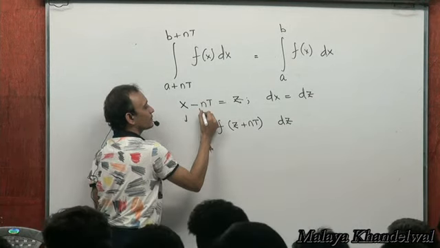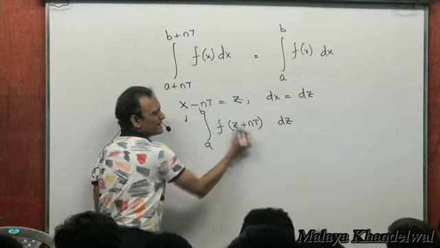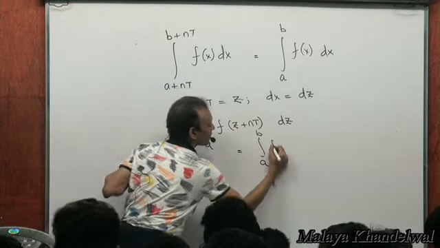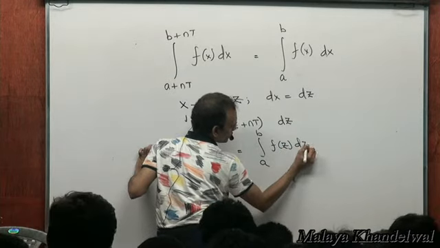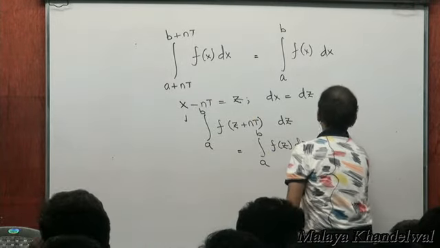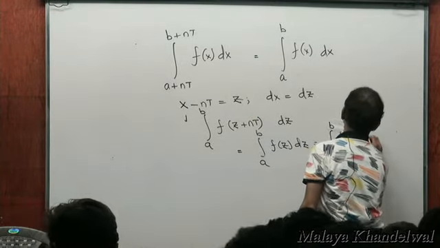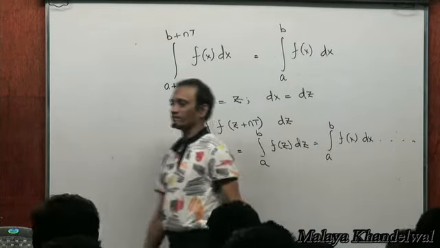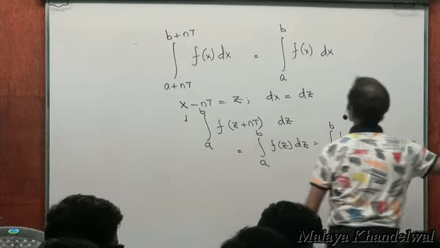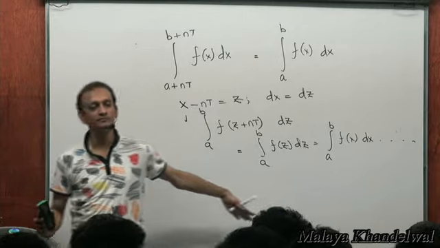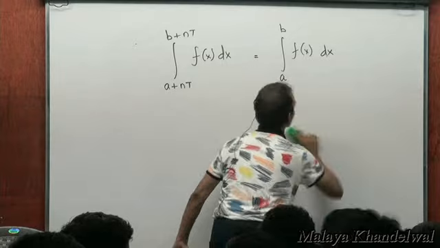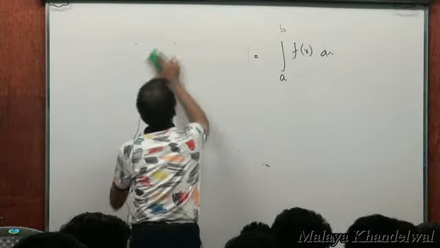But f(z + nt) is the same as f(z). Perfect. Integral a to b f(z) dz is the same as integral a to b f(x) dx. Right? I don't think I ever used this property.